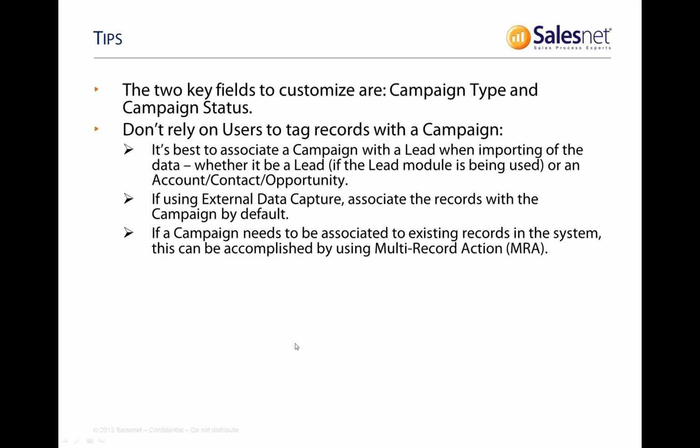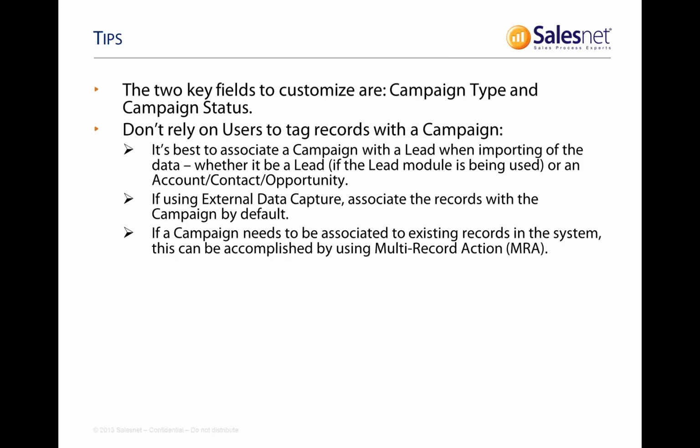Okay, so now a couple of key tips. Just keep in mind about your types and statuses. Those do work together. We specify which member statuses go with a given campaign type, and campaign statuses can signify either an open campaign or a closed campaign, and that's important to how we can use it in the system.